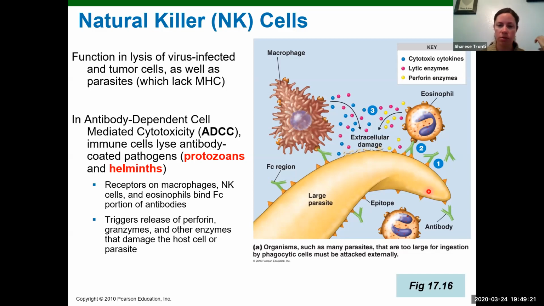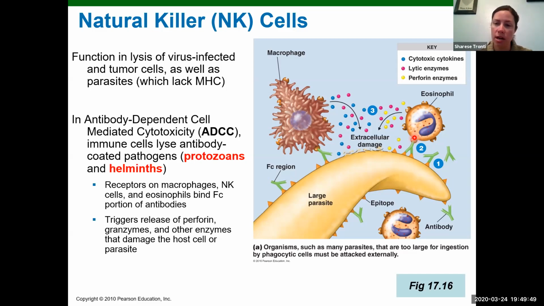So instead, what's going to happen is they're going to produce antibodies that will bind to the surface of the parasite. Then these immune cells, which can be macrophages or eosinophils or the natural killer cells like we're talking about right now, they will come and bind to the other side, the constant region of that antibody.